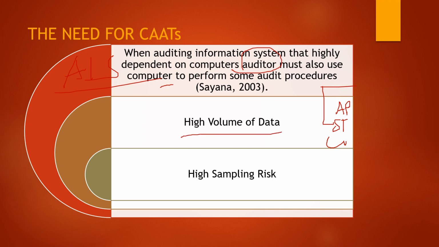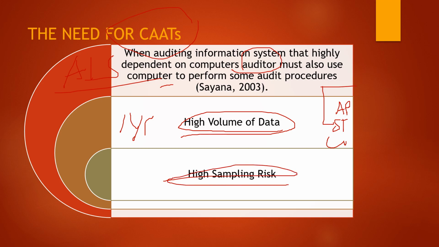And there is a high volume of data, maraming data, no? Especially 1 year period tayo. And if you are using CAATs, we can, of course, pwede natin siya magamit on the whole sample, no? The whole population. Because of the high sampling risk.